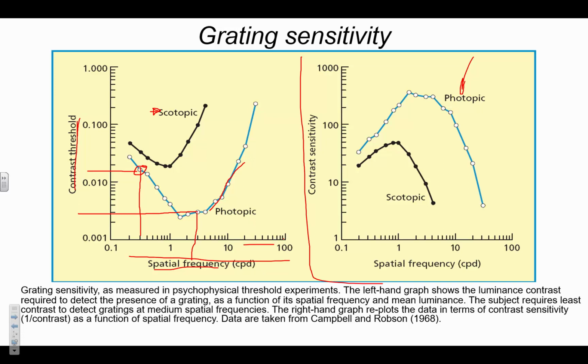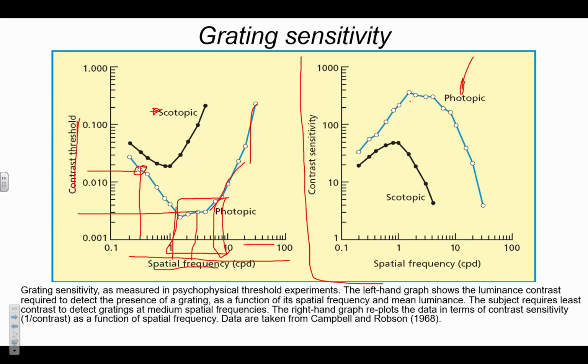If you want to see a higher spatial frequency grating, you need more contrast than if you wanted to see a mid-range frequency, something between 1 and 10 cycles per degree. You see how much less you need, how much more sensitive you are. That's why this other graph sometimes makes more sense.